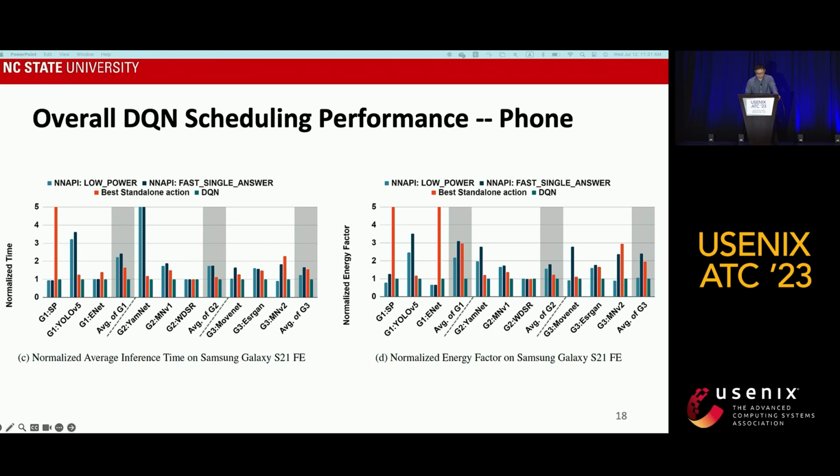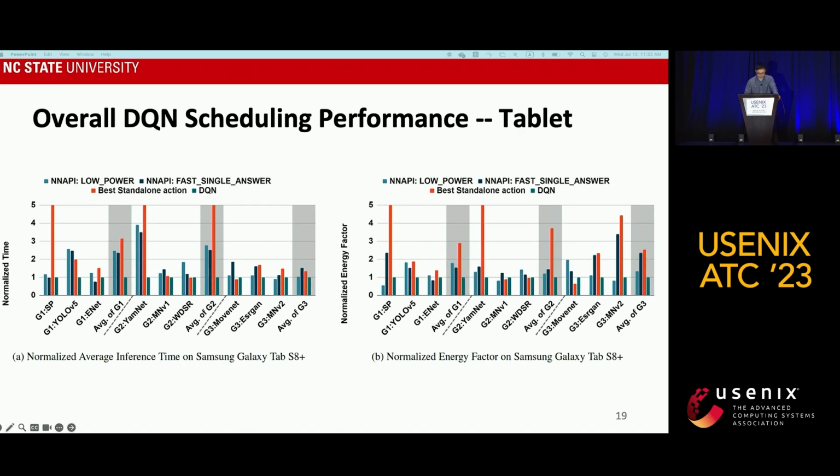This situation happened in group 2 at the YAMNet. Even though they could do code generation with low power mode, they still could not predict how co-running will affect the DNNs at runtime. These 2 figures are the same experiment but on the tablet. Because the SoC of the mobile and tablet devices has a one-generation difference, the performance showed a slight difference as well.